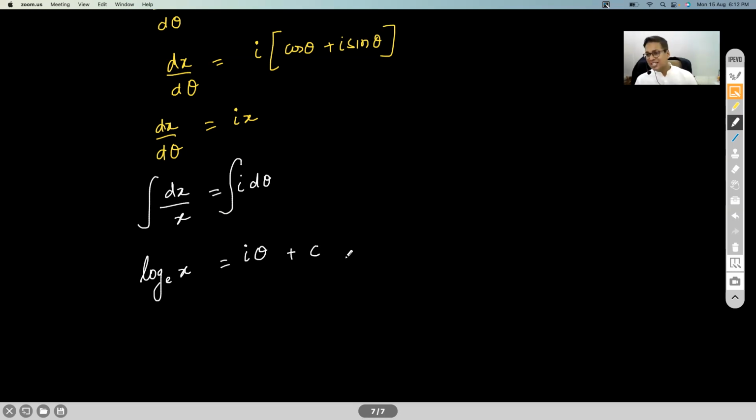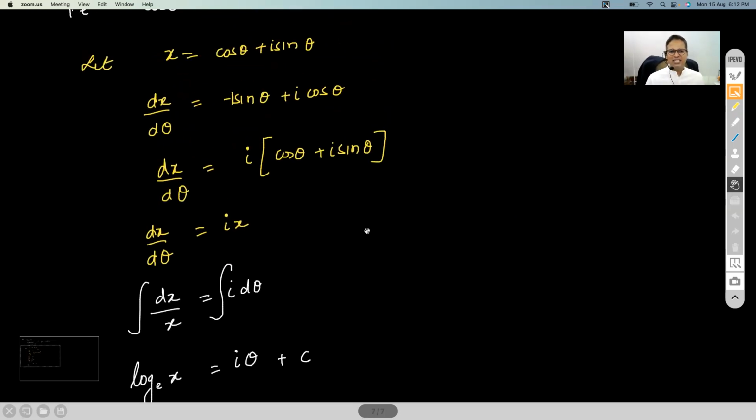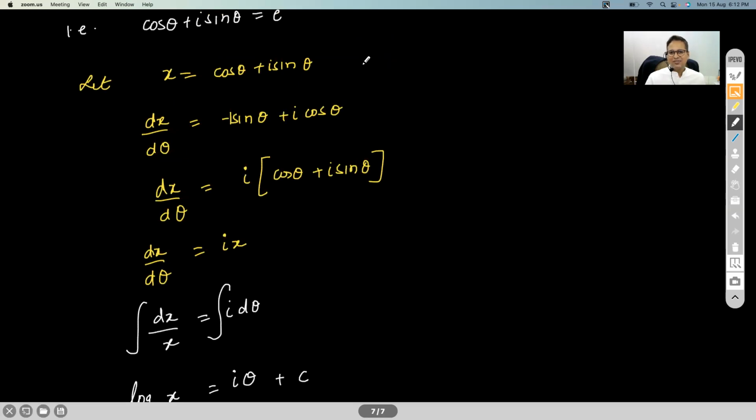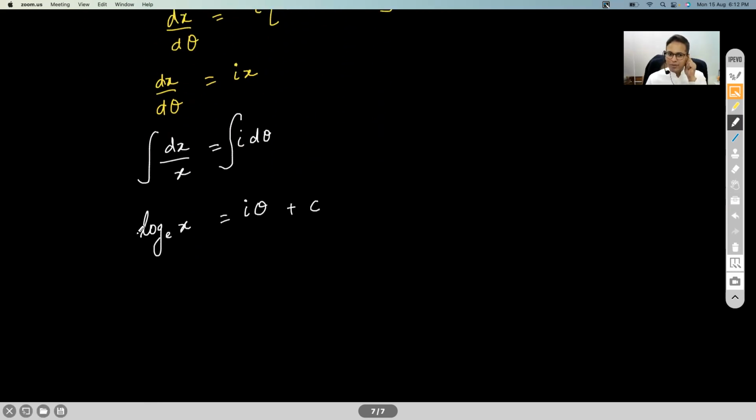Now, how do I get this c, or how would Euler have got this c? He took the help of the fact that in this equation, when theta is put as 0, the x value will automatically come out to be 1. Put theta as 0, your x value will be 1. So that relation will still be valid here as well. So he put theta as 0 and x as 1.